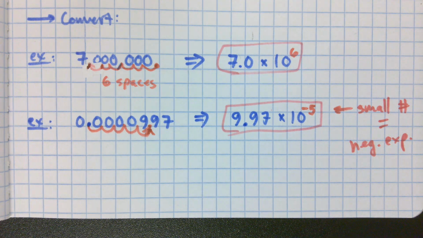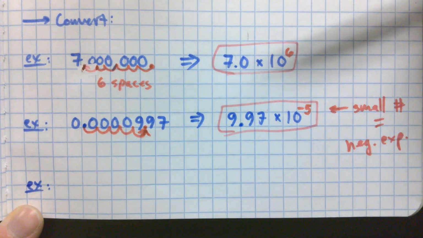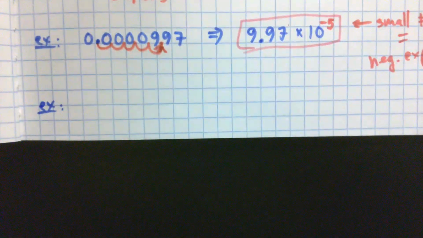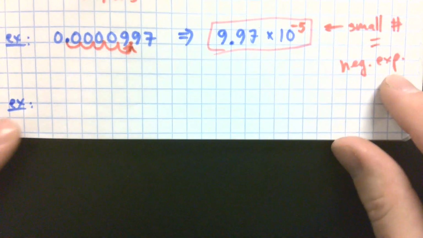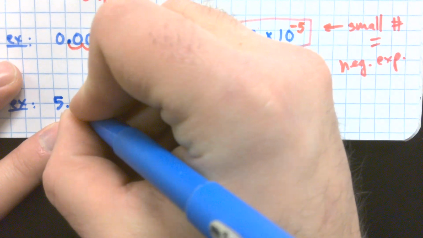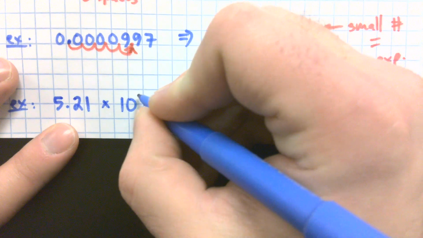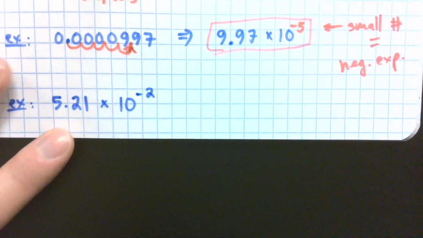What if we have, let's do from scientific to standard real quick before we talk about some proportionality stuff. I'm going to move this down. What if we've got 5.21 times 10 to the negative 2?